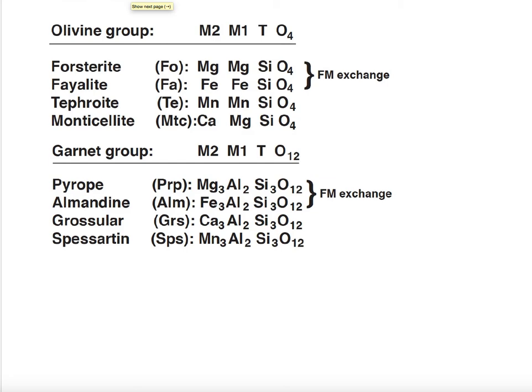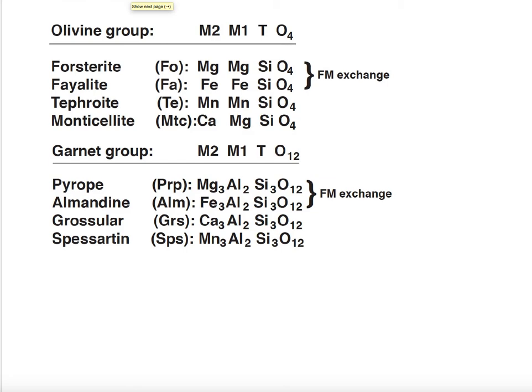Montichelite is a very common olivine in kimberlites. It is an indicator for diamond bearing kimberlites. Of course, I have not written it there, but in the montichelite you can also do an Fe-Mg exchange.